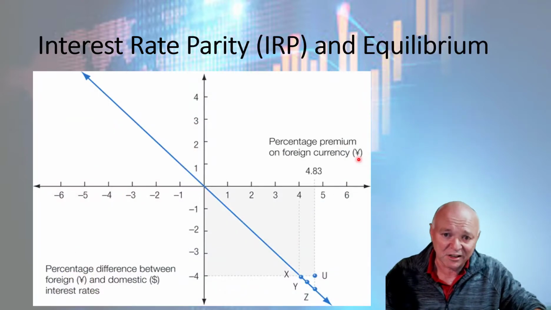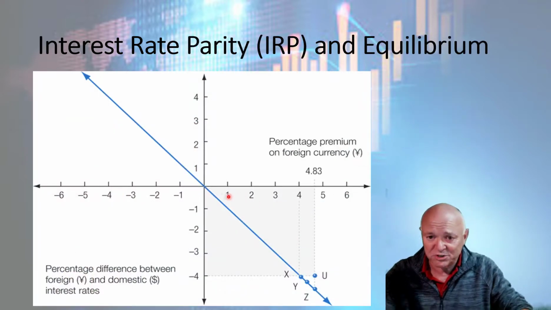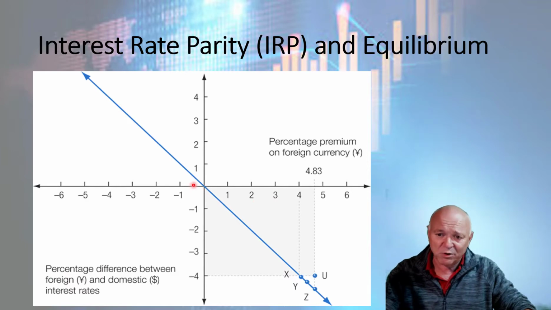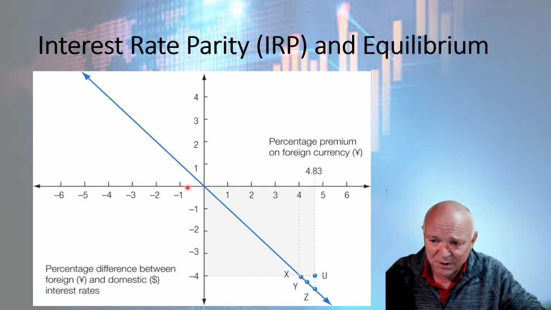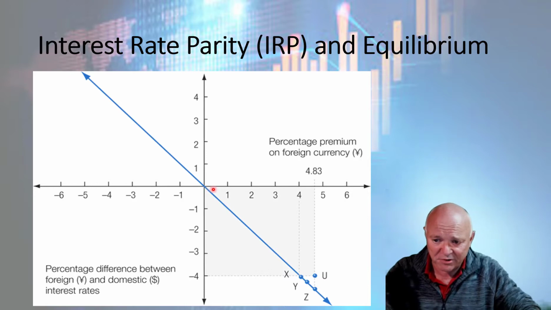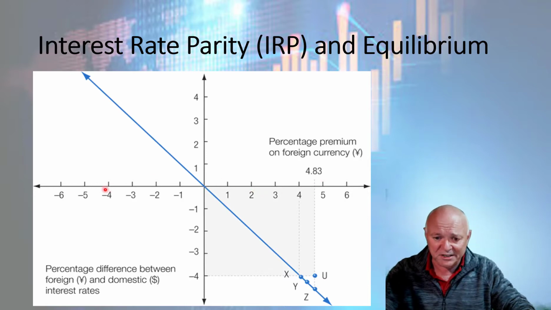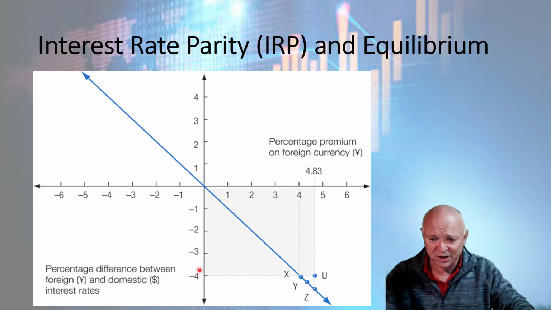Interest rate parity, like purchasing power parity that we saw earlier, essentially says that while we've got a condition of imparity, and here we can see if we've got a premium or a discount in the interest rates between two currencies, there's going to be pressure for the currency to appreciate or depreciate.